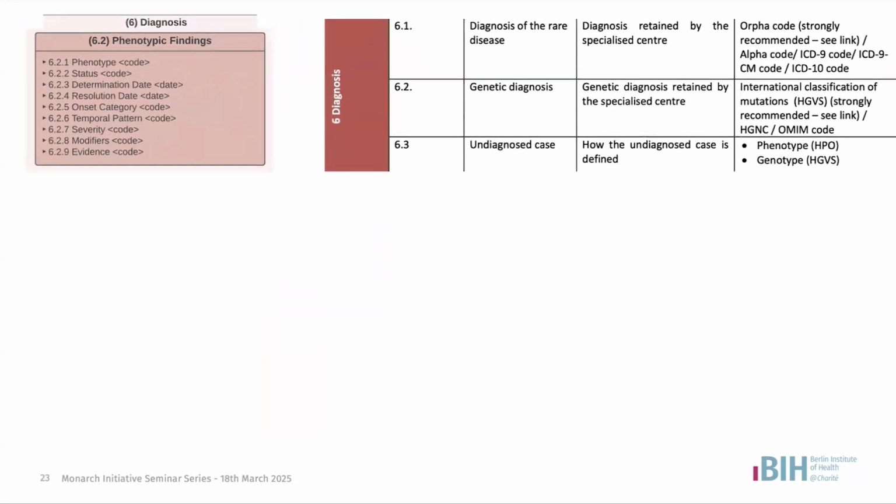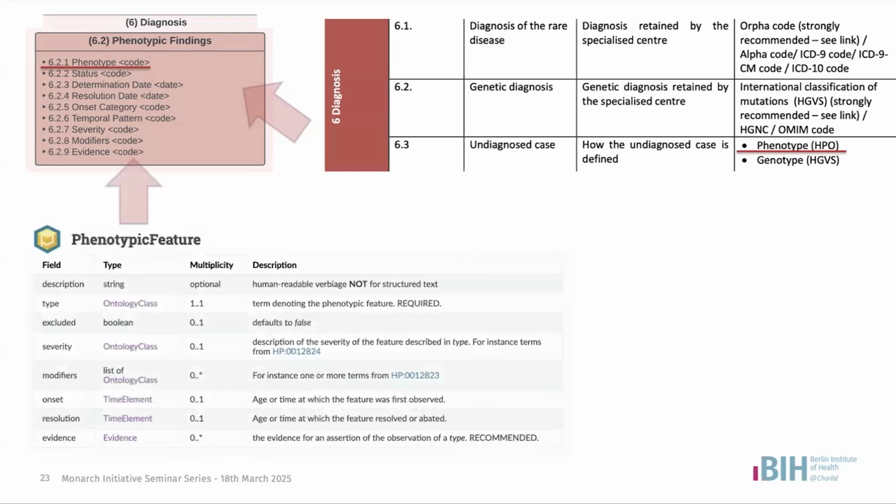Phenotypic findings, as you can see here on the right, has the phenotype code defined as HPO, which is just the code itself. The remaining section here is based on the phenotypic feature section from Phenopackets. So basically exactly all of this, to make sure that we have very comprehensive phenotyping possible.